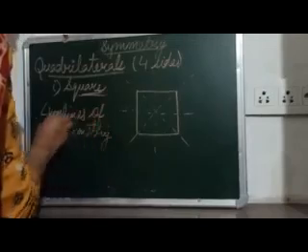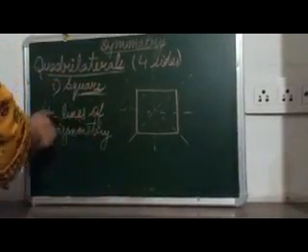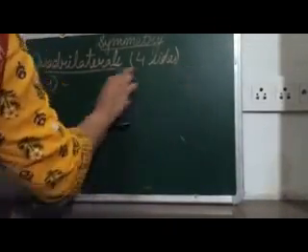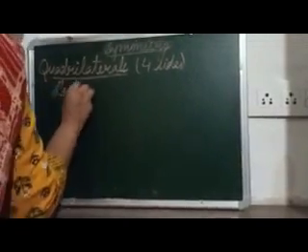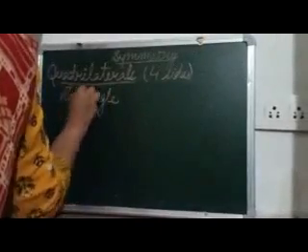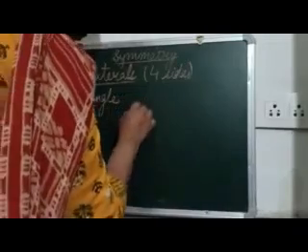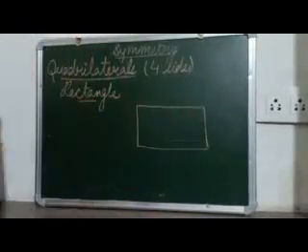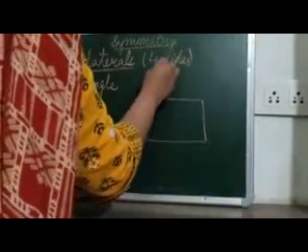So in the case of a square, a four-sided figure in which all four sides are equal, we can draw 4 lines of symmetry. The next type of quadrilateral is a rectangle. A rectangle is a figure in which opposite sides are equal. Suppose I take this rectangle in which opposite sides are equal to each other, and I want to divide this figure into two equal parts.